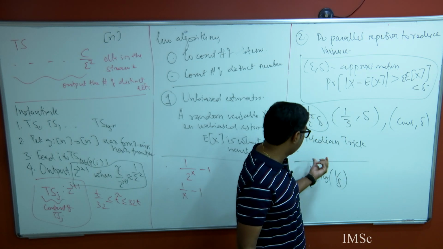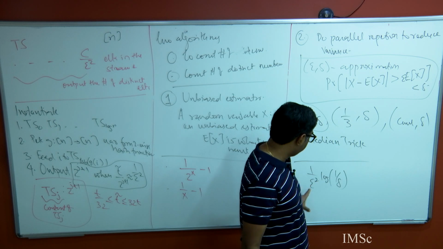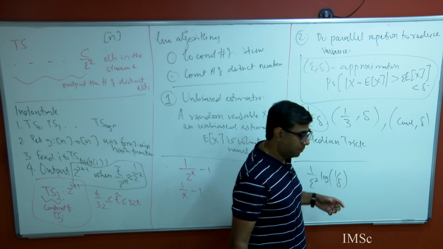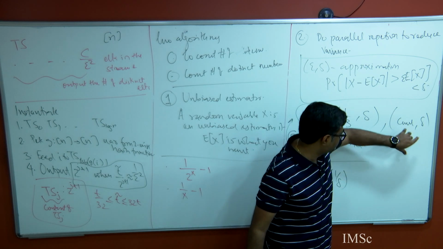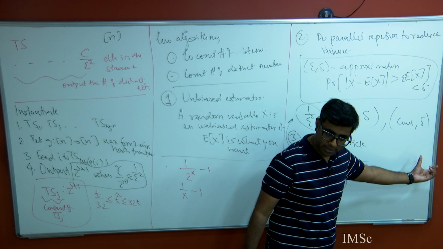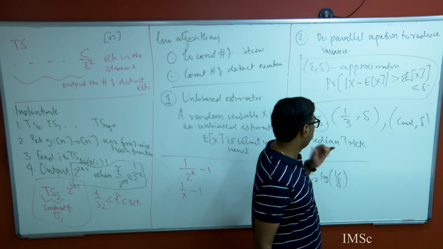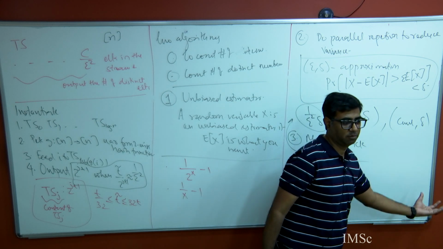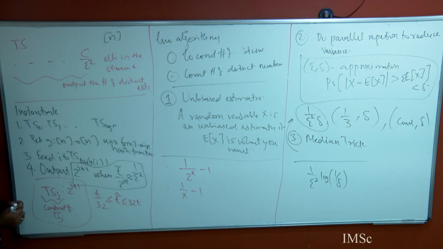But just by doing a simple median trick, you can reduce the number of times you need to run it to 1 over epsilon squared times log 1 over delta. Meaning you run this good algorithm log 1 over delta times, and then apply Chernoff to say that you are able to achieve a 1 plus epsilon approximation with this probability, by using the median trick, okay.